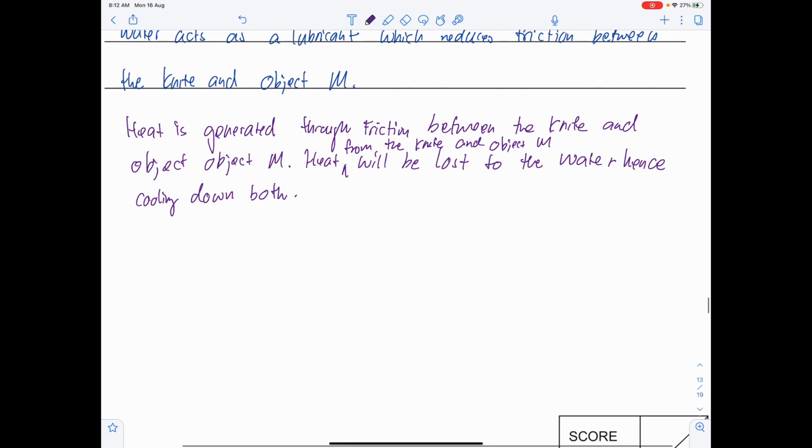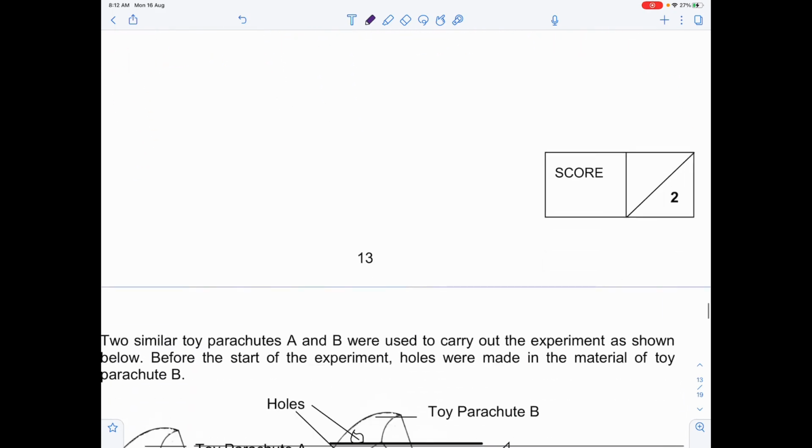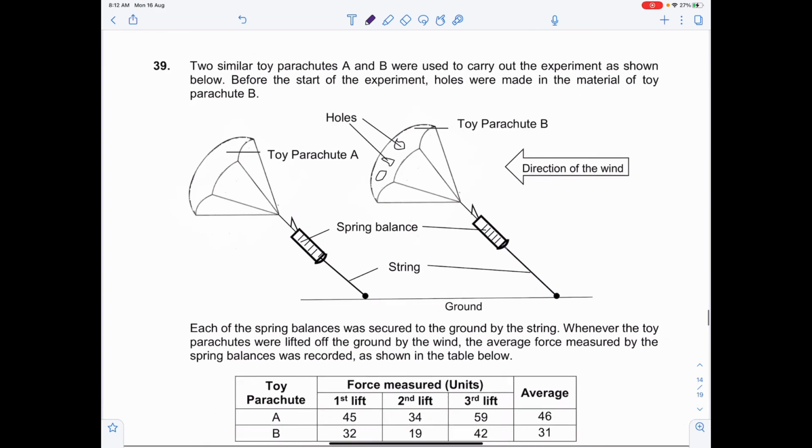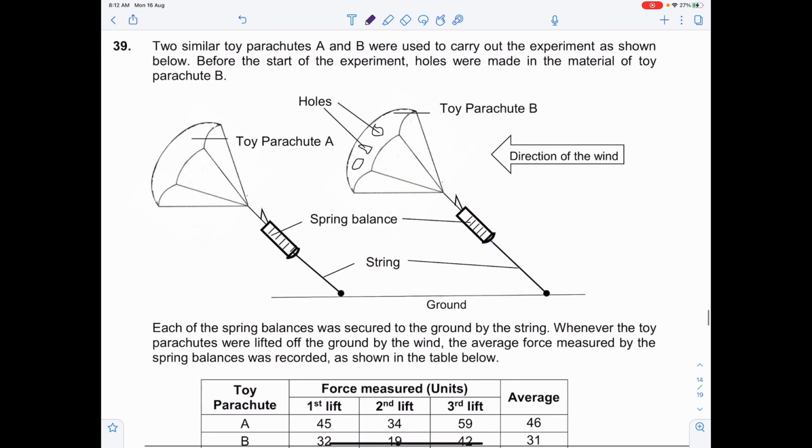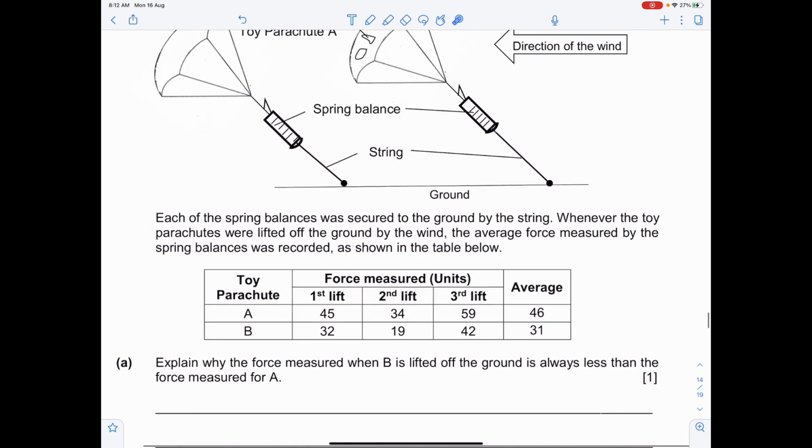Okay, moving on. Two similar toy parachutes A and B were used to carry out the experiment as shown below. Before the start of the experiment, holes were made in the material of toy parachute B. Each of the spring balances was secured to the ground by a string.